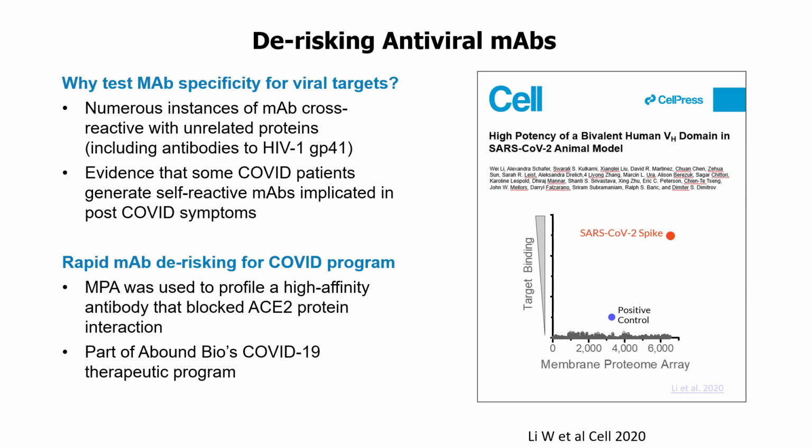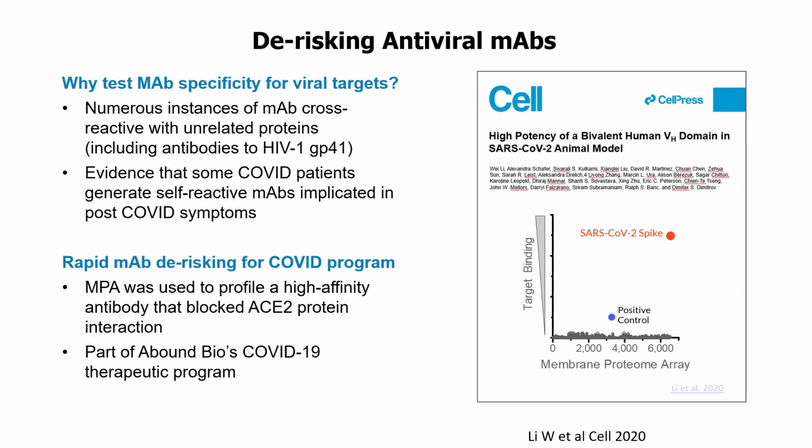I remember in the past there were some antibodies against HIV-1, GP41, and a number of viruses, they use various strategies in order to redirect the antibodies to human proteins. And also, there is some evidence that COVID patients generate self-reactive antibodies, which may lead to autoimmune symptoms.